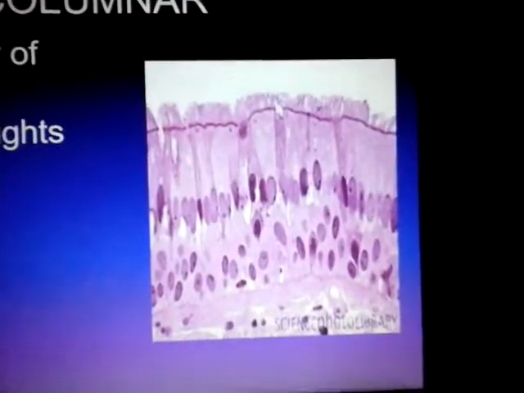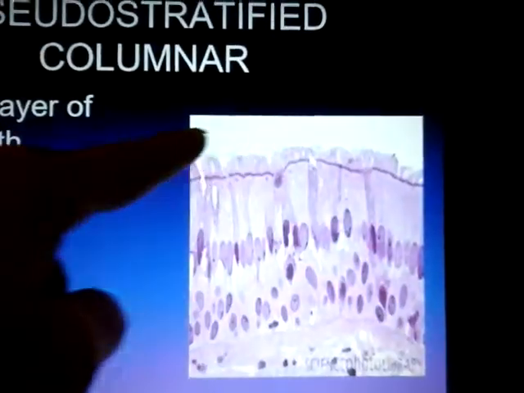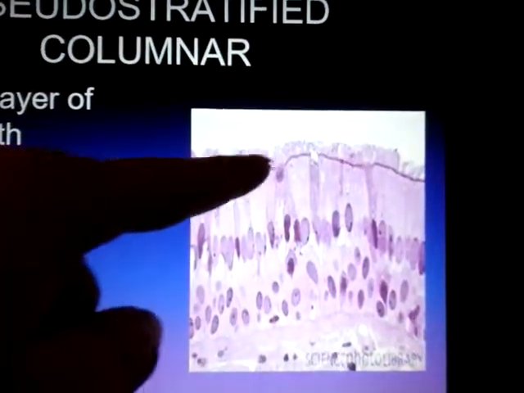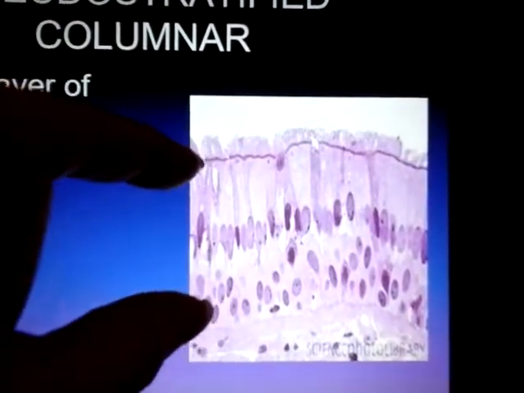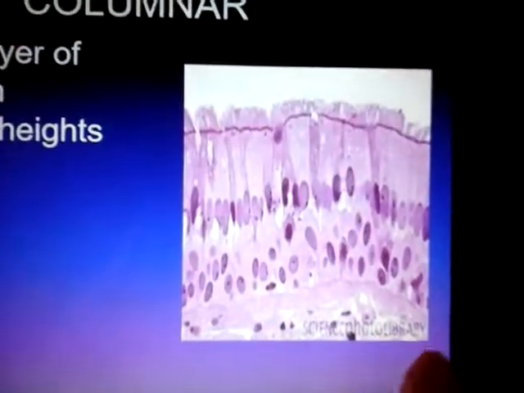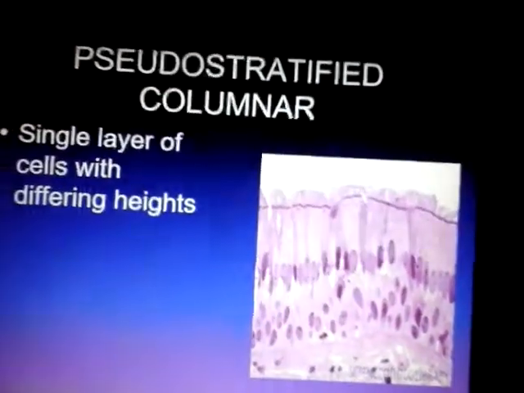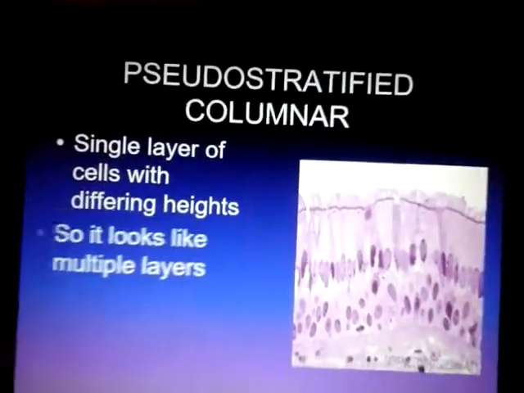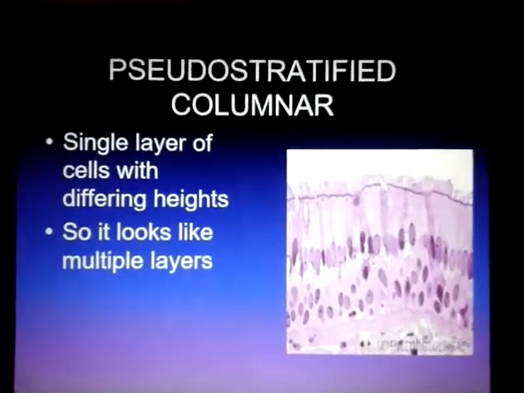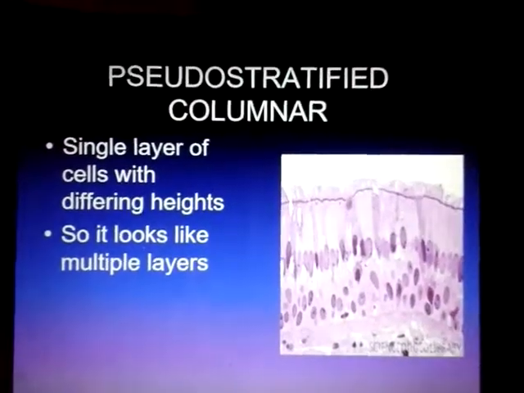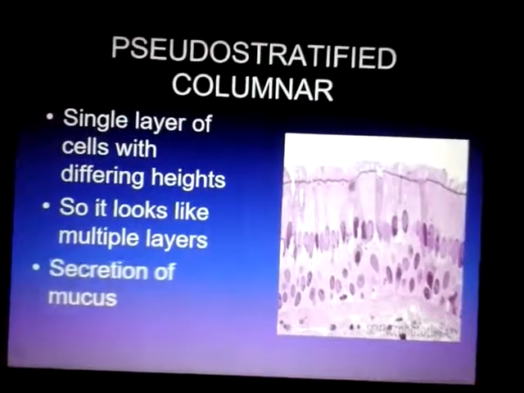This is the picture of the trachea again. So this would be the hollow part of your trachea, so this would be your apical surface. This is the epithelial tissue, and that right there is the basal lamina. So because of the way that the cells form, they look a lot like multiple layers.